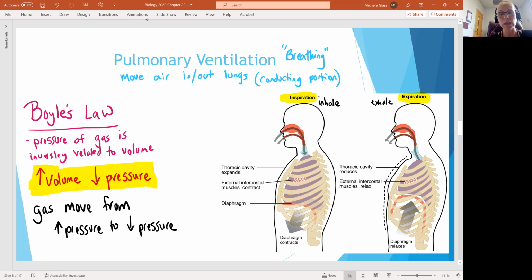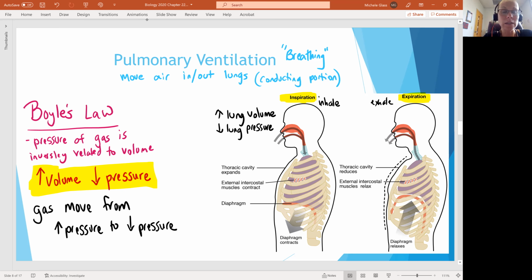When we take a look at the diagram, what we're seeing happening is it's going to be the musculature of the thoracic cage that's going to change the volume of the lung. So during our inhale, you're going to increase the lung volume. Boyle's Law tells us that if you increase volume, you decrease the lung pressure.